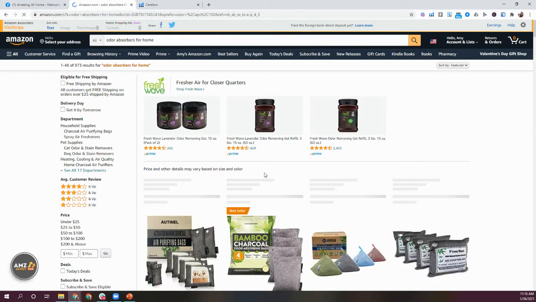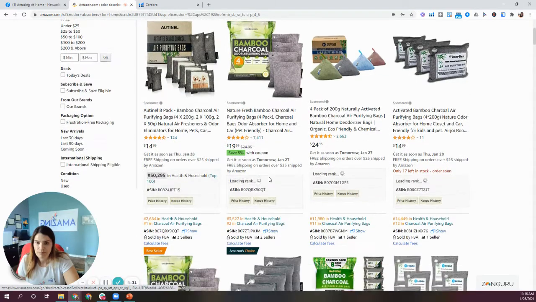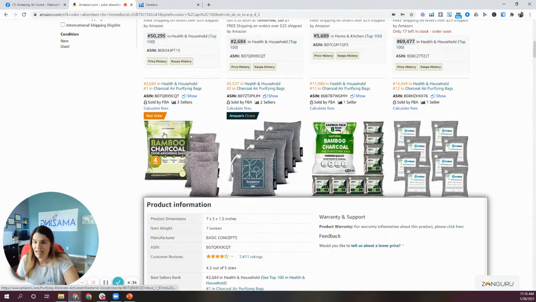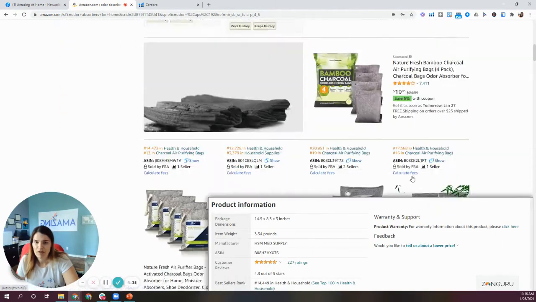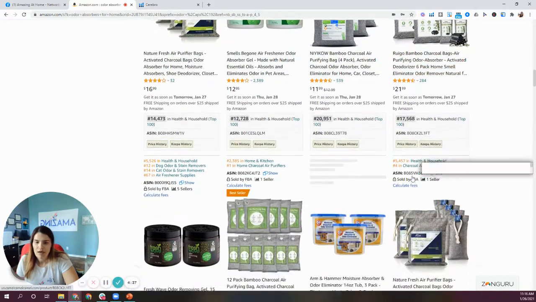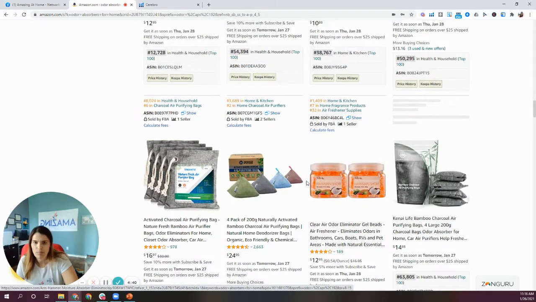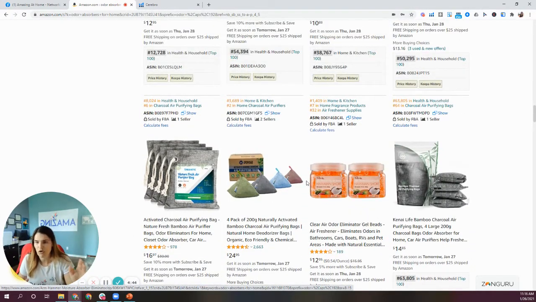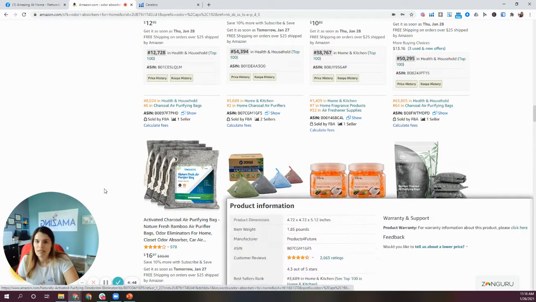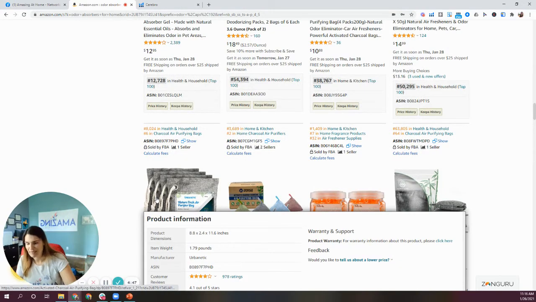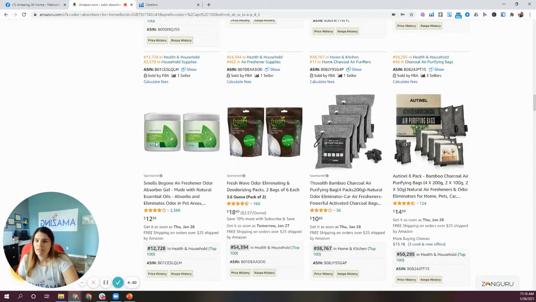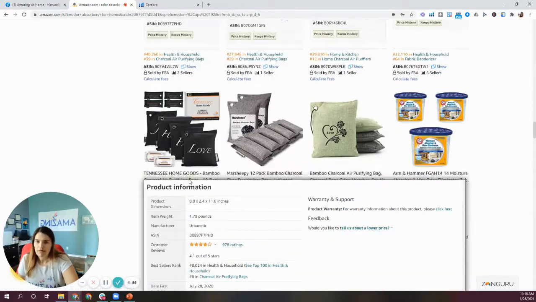So we've got a lot of charcoal bags here. And look at that, the bestseller badge, they're right here, right? Okay, so not a huge amount of opportunity here, but compared to charcoal bags, where we see all charcoal bags on the page, here we do see some other types of products.